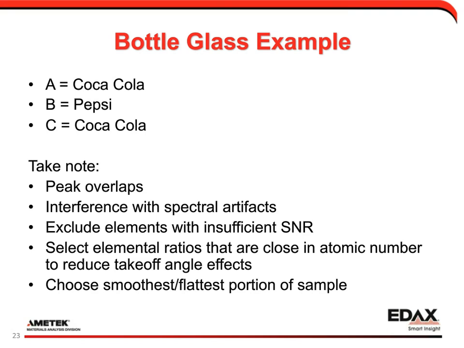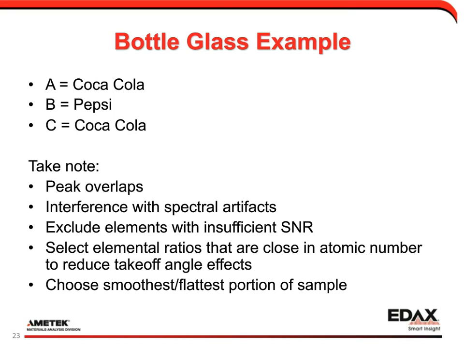During this process, there are also other factors to take note of. When you look at your raw spectral results, the actual spectral data, it's important to look for peak overlaps and any interference with spectral artifacts, which can obviously influence your intensities.